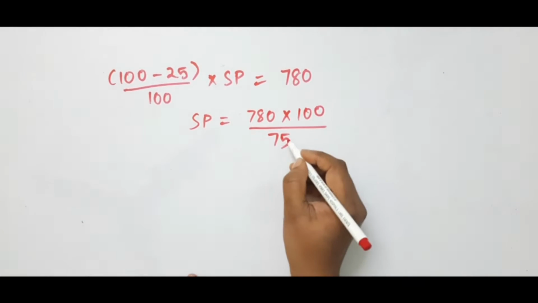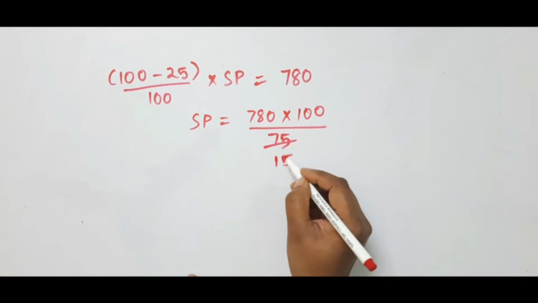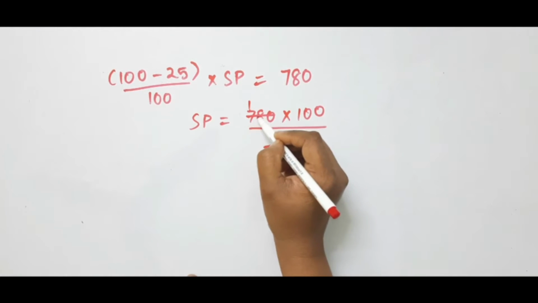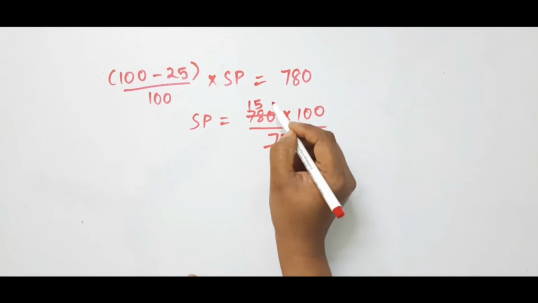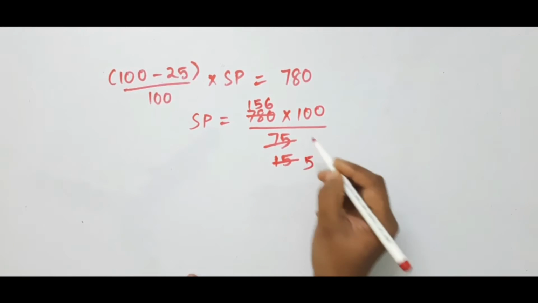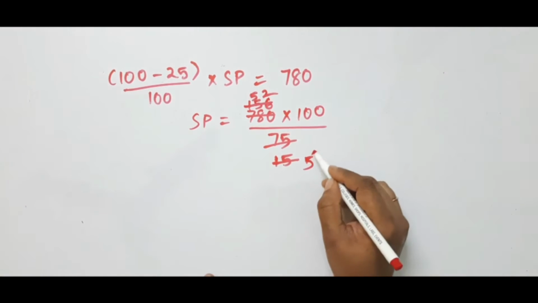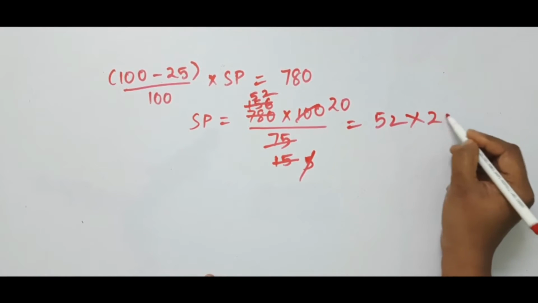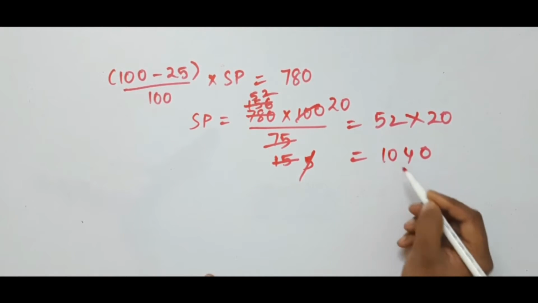If you cancel, 25 goes into 75 three times, and 5 ones are 5. Then 3 5s are 15 and 3 2s are 6, so we get 52 into 20. So we got the answer as 1040 rupees.